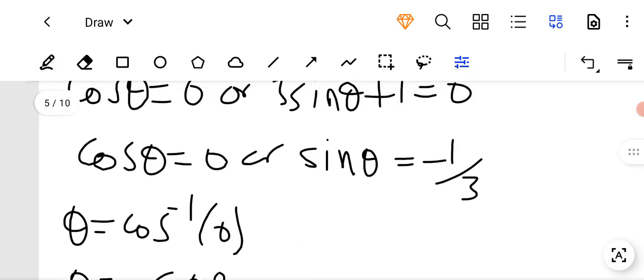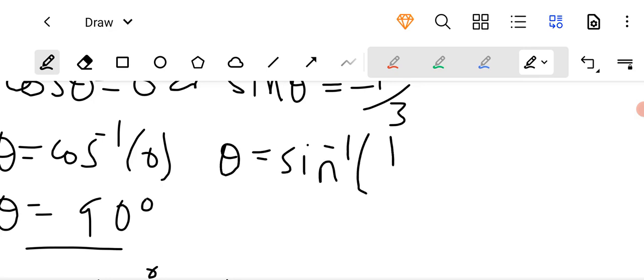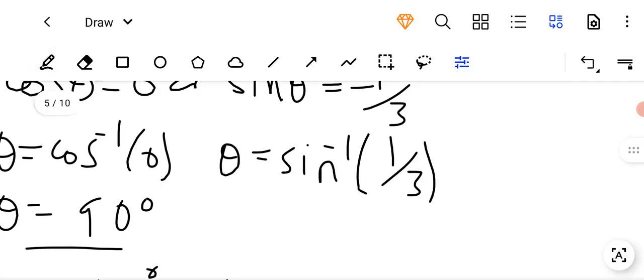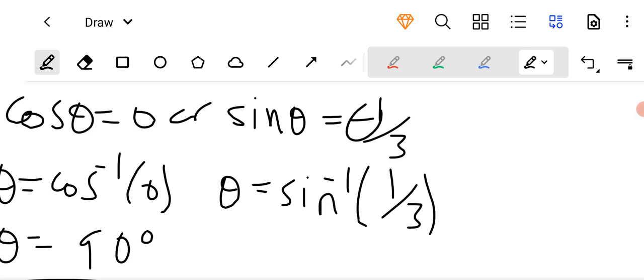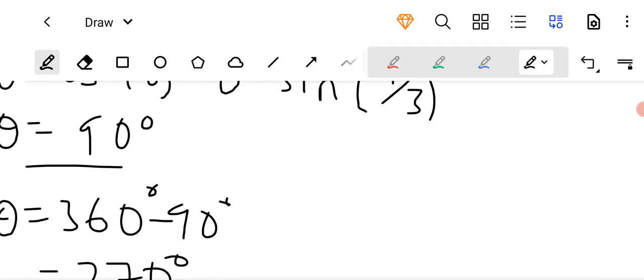And then we go to this one. Theta is equal to sine inverse. Ignore the sign inside, so theta is equal to sine inverse of 1/3.